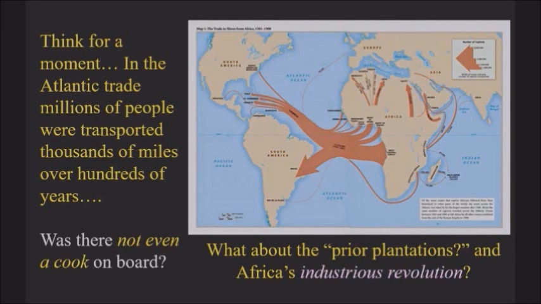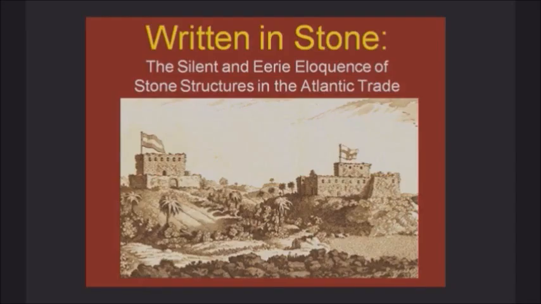There had to be an industrious revolution because a lot of work was involved, without mechanization, based on plantation agriculture developed on prior plantations in Africa, enabling the Industrial Revolution to emerge from the cash cropping of colonies in the Western world.